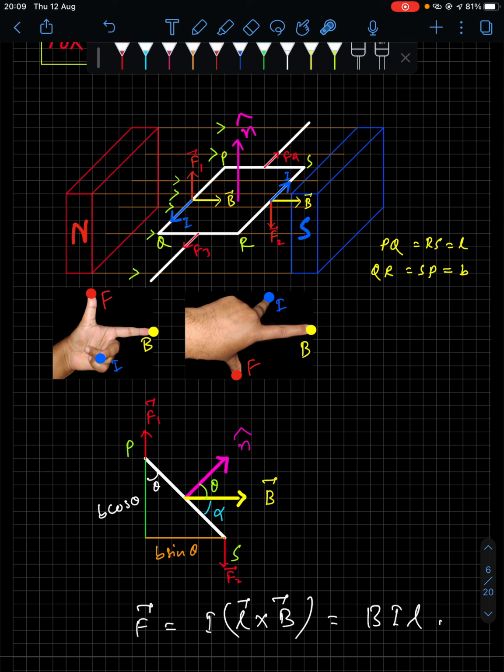If theta equals 0 degree, the plane of the coil will be perpendicular to B, but n cap will be parallel to B. So theta will be 0 in this case. There torque will be 0.